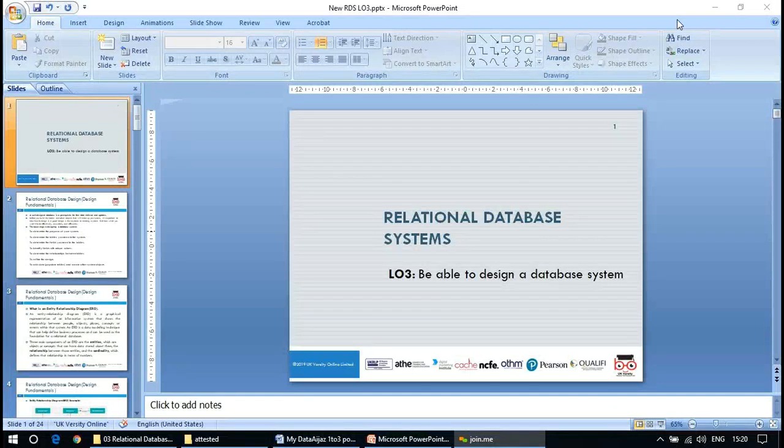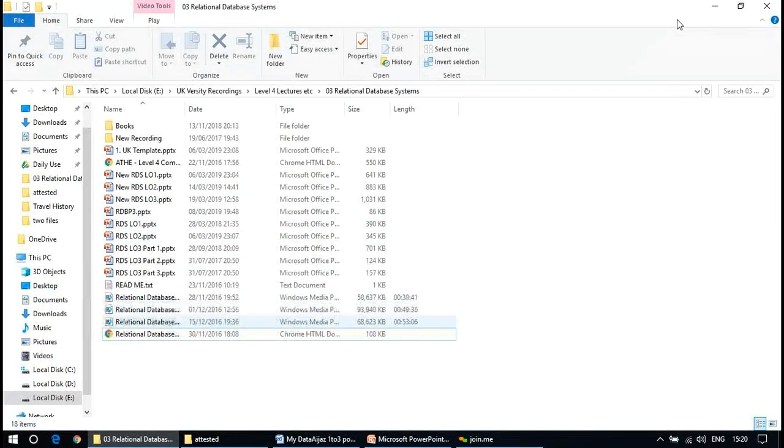And let's start. So now we are going to discuss the LO3, be able to design a database system. Let me quickly go to the specs.